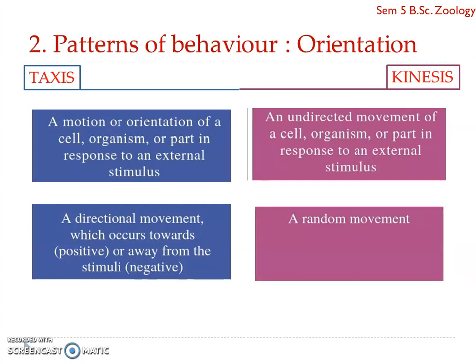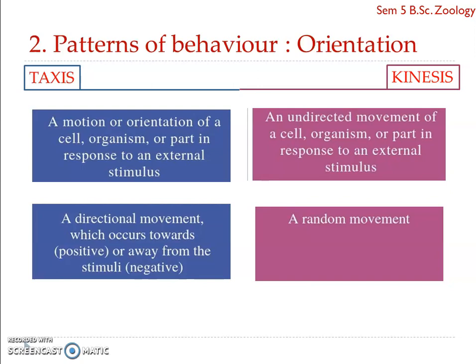So in taxis, what happens is there is an orientation of a cell or organism or part of the body in response to an external stimulus. But kinesis is non-directional. So there is no directed movement towards or away from the stimulus. Obviously, the stimulus is influencing the movement, but the direction of the stimulus doesn't have any role in controlling the movement.